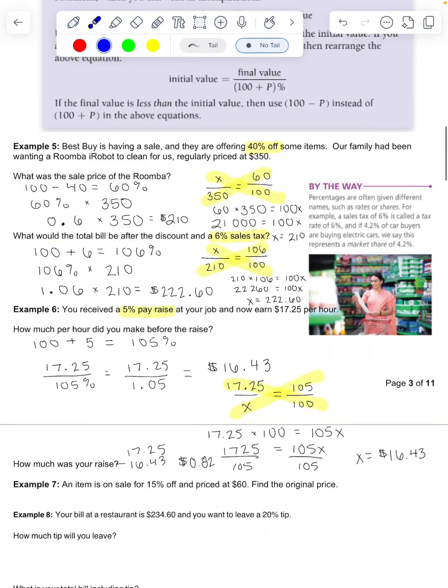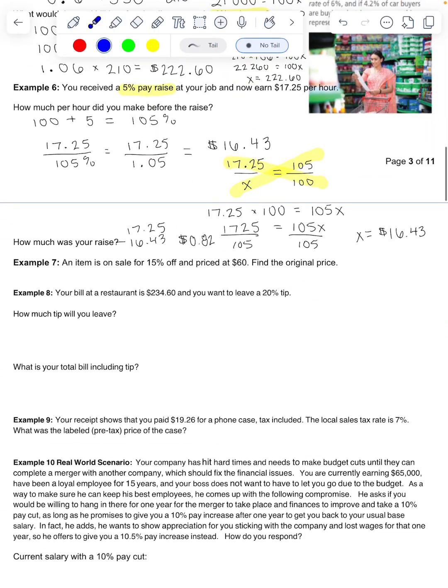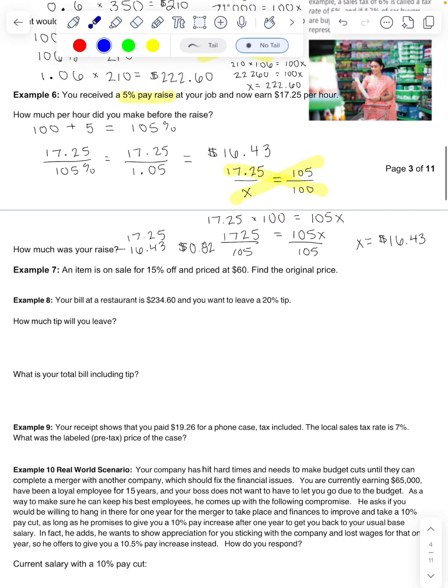So let's go down to example 7. An item is on sale for 15% off and priced at $60. Find the original price. So if it's 15% off, then I am paying 100 minus 15, which is 85% of the original price.